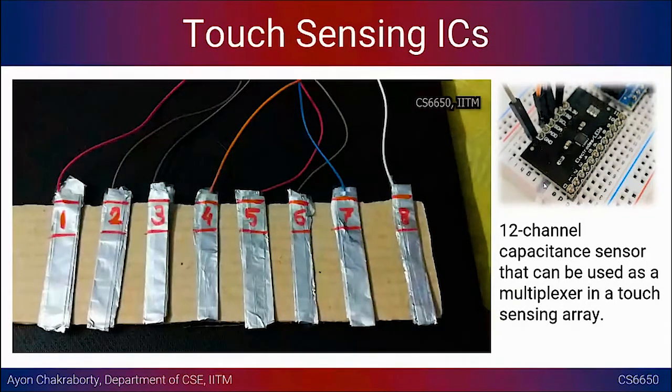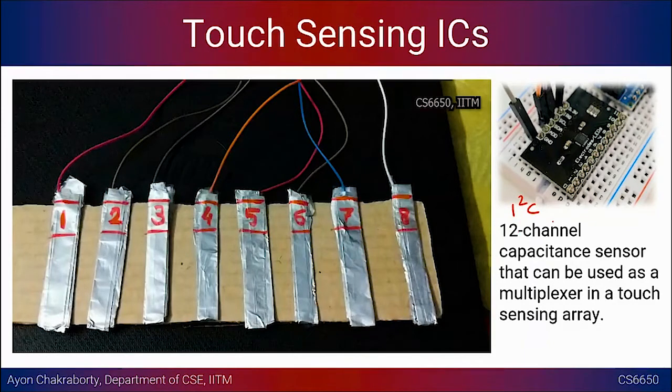You don't have to create all this circuit that we were showing earlier, and also don't have to write the firmware. All of these things are implemented in hardware, and they are always going to give you some kind of a metric that this particular chip gives out. Many vendors will have such ICs, and typically they will be interfaced through an I2C interface. And you will have several channels.